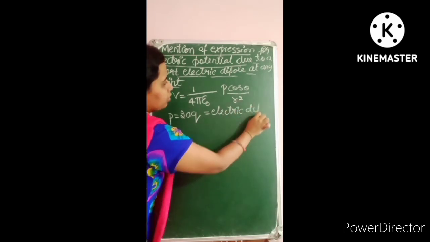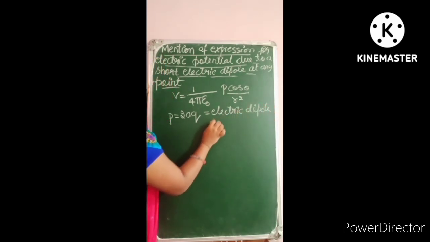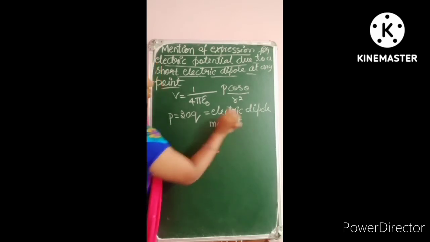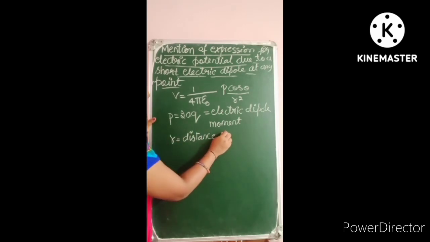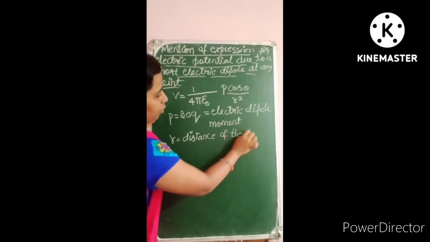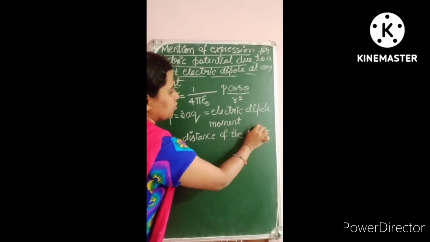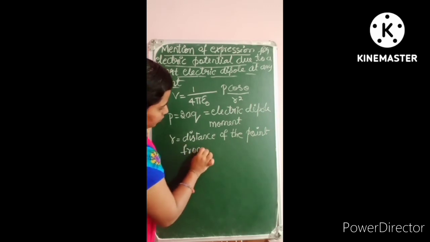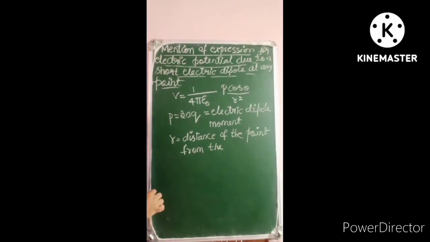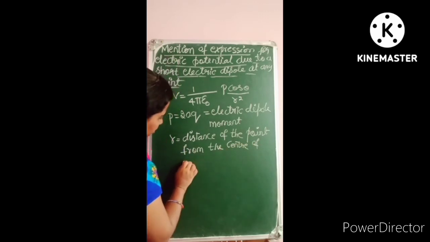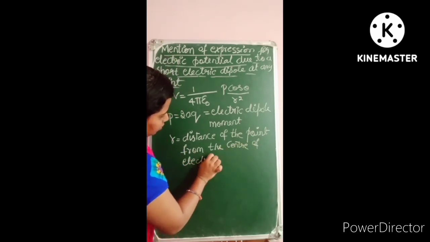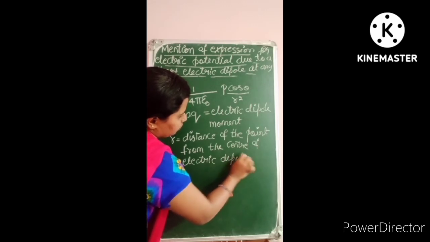And r is the distance of the point from the center of the electric dipole, right?